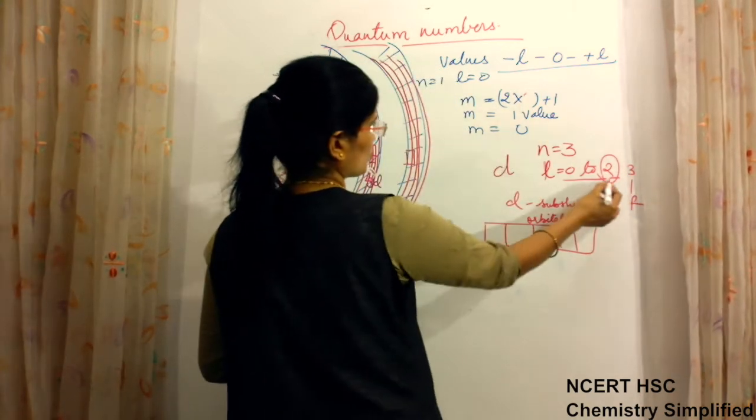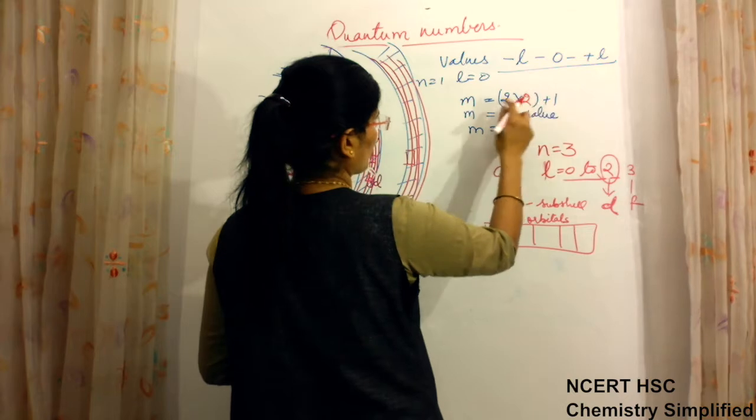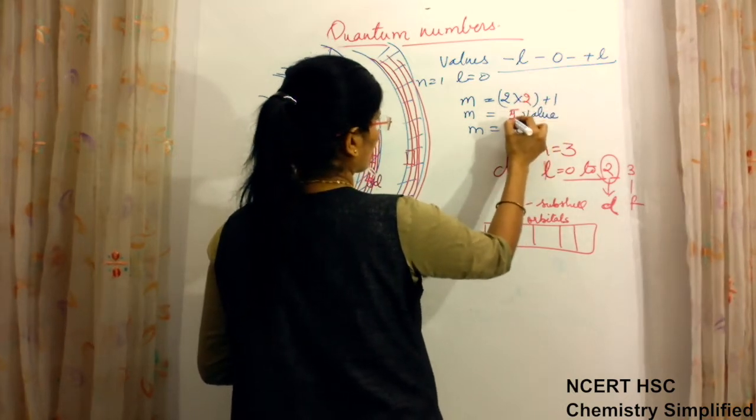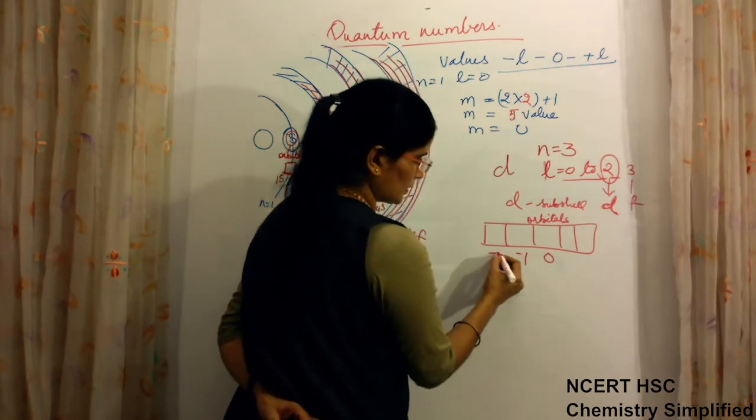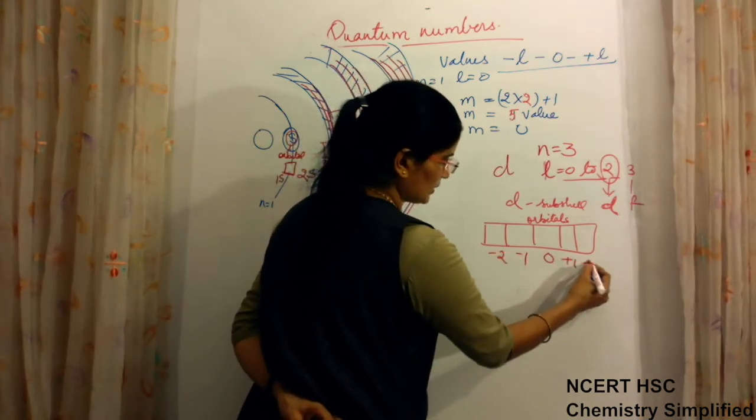So 2 into the value 2 is 4, plus 1, so total values are 5. Those 5 values will be 0, minus 1, minus 2, plus 1, plus 2.